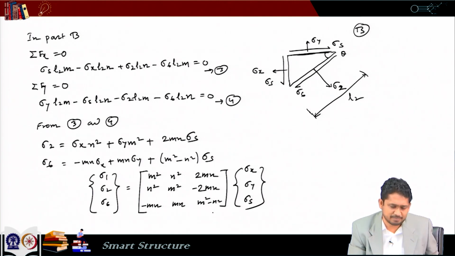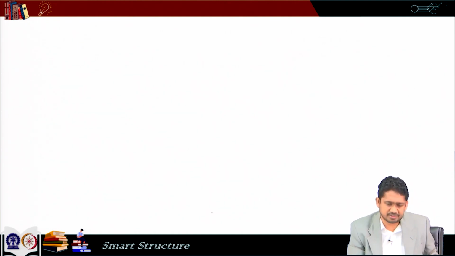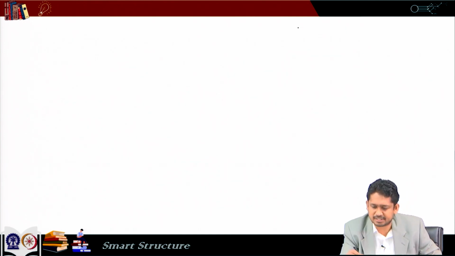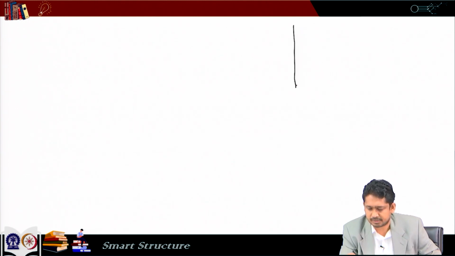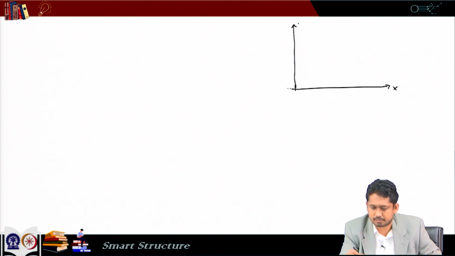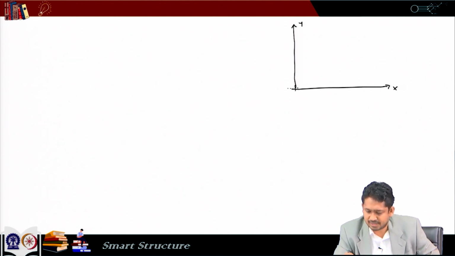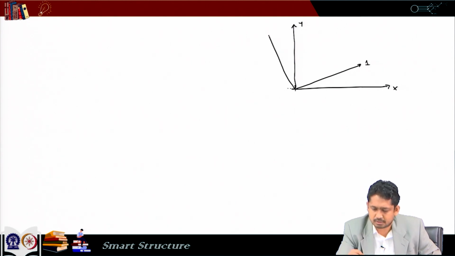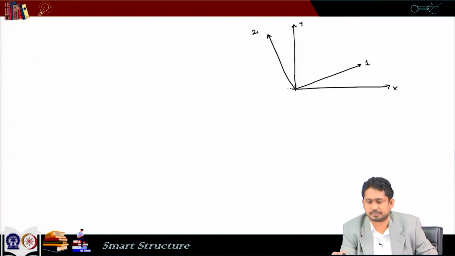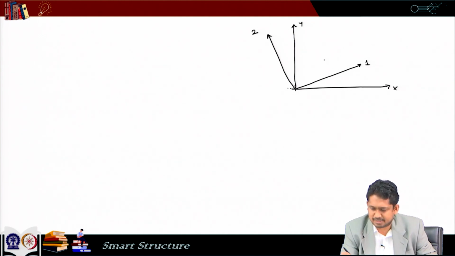Now, we have to define the strain transformation. To define strain transformation, let us imagine that we have an axis system x, y, and we have another coordinate system 1, 2. And let us imagine that we have a point here.